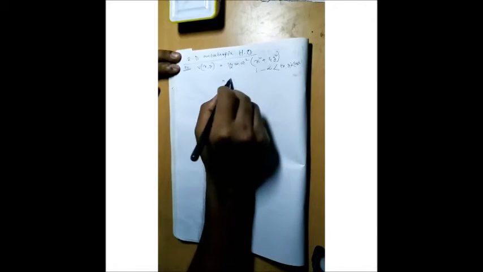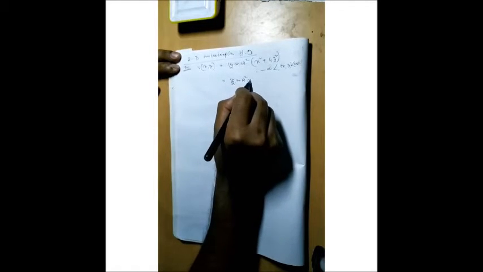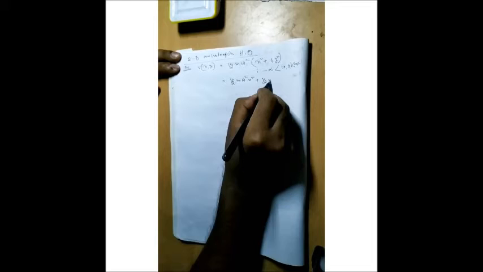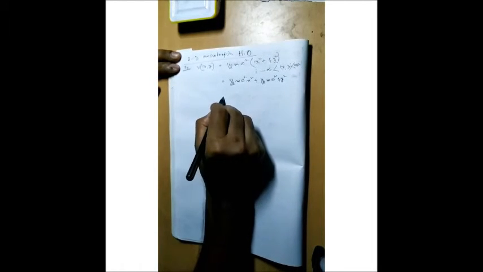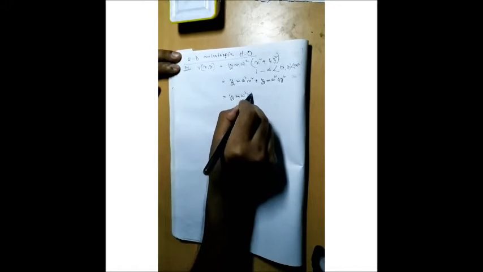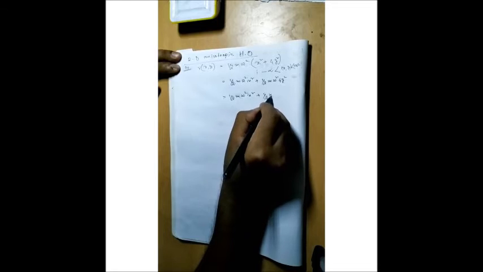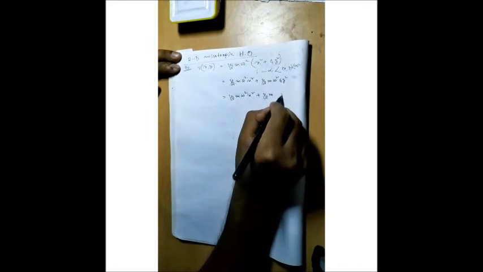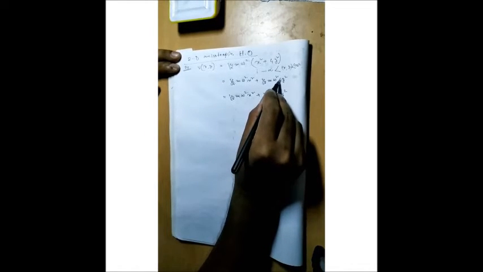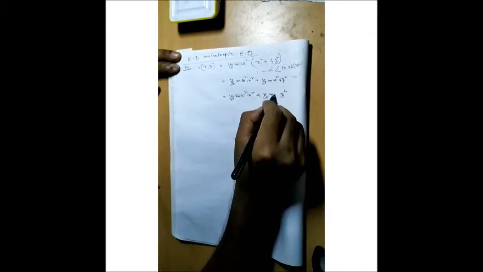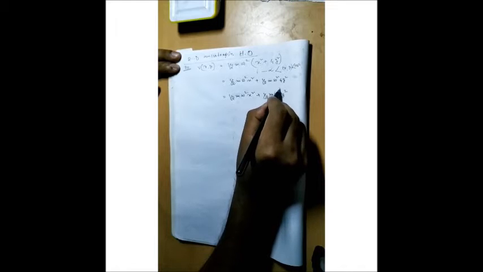Further, I can say half of m omega square x square, or half of m omega square 4y square. Here I will write y square, so the 4 omega square remains. 4 omega square I can write as 2 omega whole square. Clear?